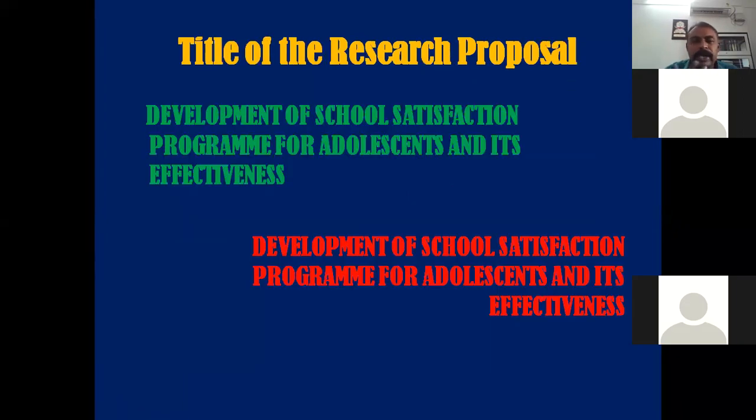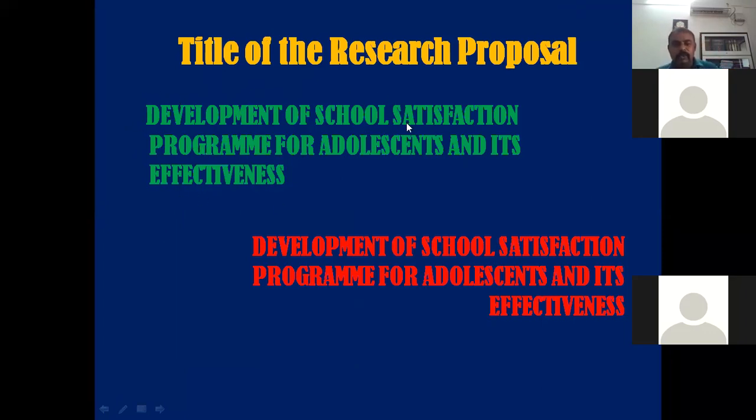So now we'll come to the title of the research proposal. You will see here one title is given: Development of School Satisfaction Program for Adolescents and its Effectiveness. This pattern is presented in a left alignment.